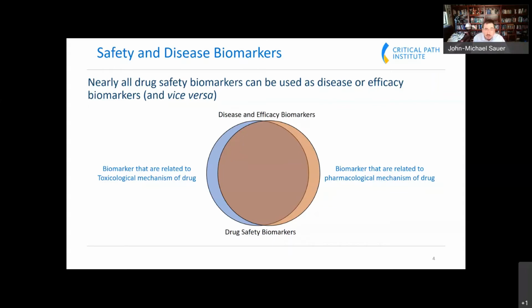And the only time that we could come up with outliers is when a biomarker is very, very specific to either a disease's or a drug's mechanism of action or its mechanism of toxicity. So something to think about. Could be something we could talk about within the panel session. Again, I challenge you, tell me I'm wrong here. I'd love to hear it.